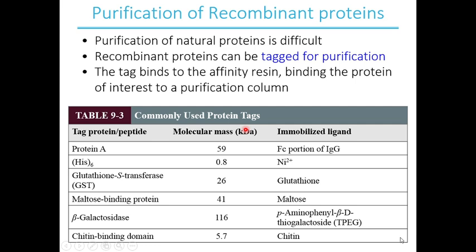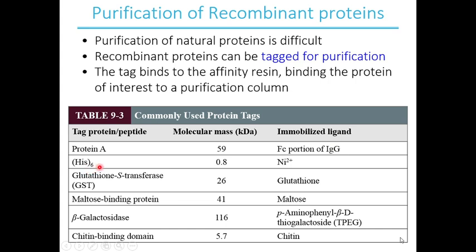A tag can be a protein or a peptide. This table shows you various different tag proteins or peptides that are commonly used. When protein A is used, the Fc portion of this antibody is used as an immobilized ligand in the column.